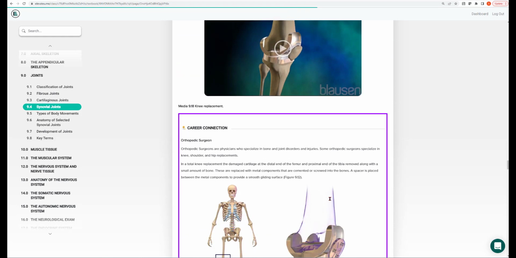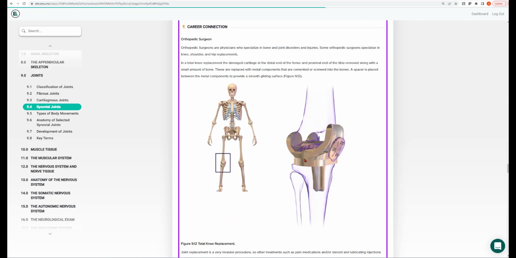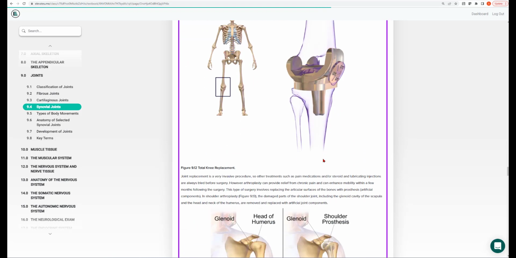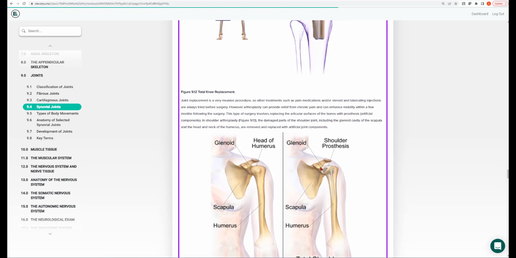In this chapter, there are a number of really cool images that describe what orthopedic surgeons do in replacing, for example, a knee. I'm not going to ask you about any of these processes, but you may know someone who has or is considering one of these orthopedic procedures, and this is a great place to review what is involved.